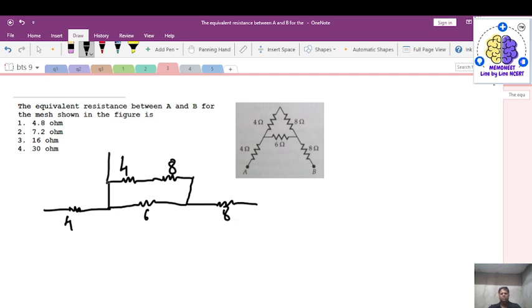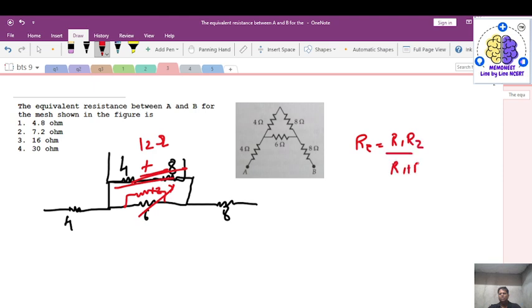Because these two resistances are in series, they will simply add up, so it will be equal to 12 ohm, right? Now we are done with this. So now we have a 12 ohm resistance in parallel to 6 ohm. So using the formula, R equivalent is equal to R1 into R2 upon R1 plus R2.